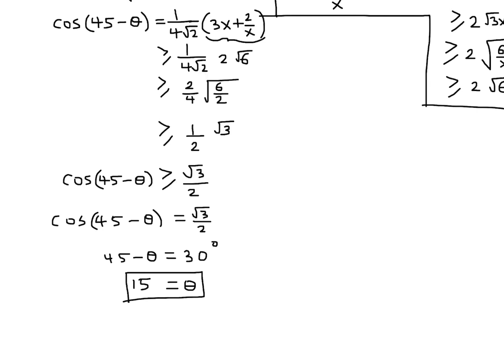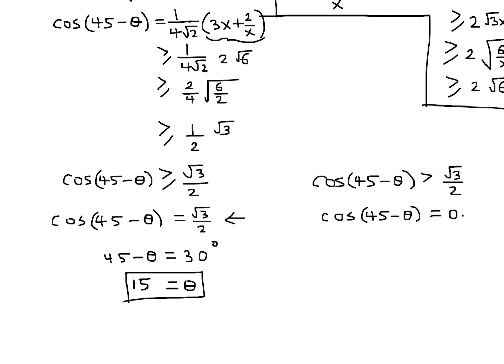Now, if you're not convinced, you say, well, what if cos(45 minus theta) is greater than root 3 over 2? You set it equal to root 3 over 2, but what if it's greater? Well, let's choose a value. Root 3 over 2 is approximately 0.8 or something, so let's say we set it equal to 0.9.